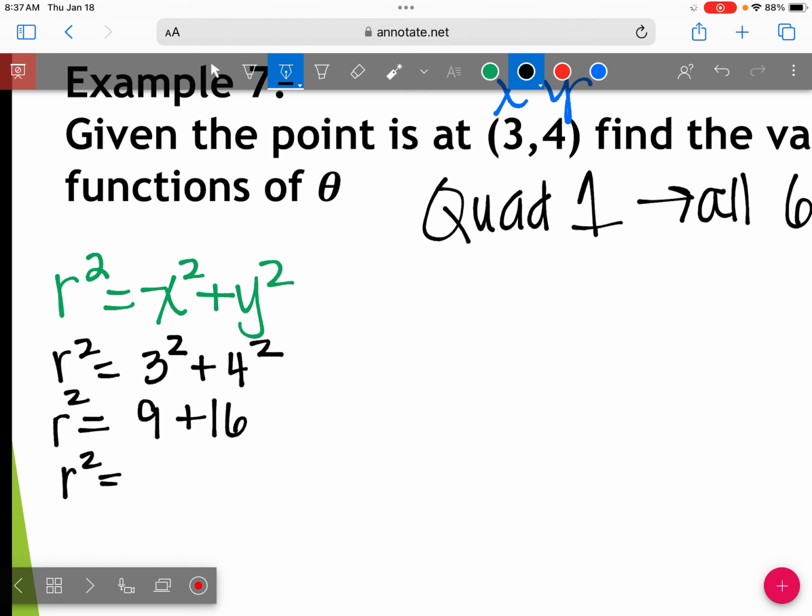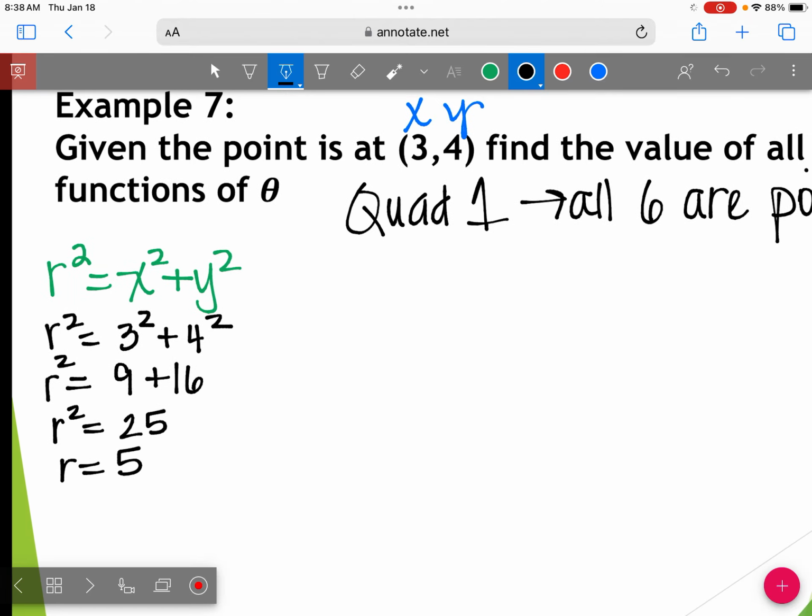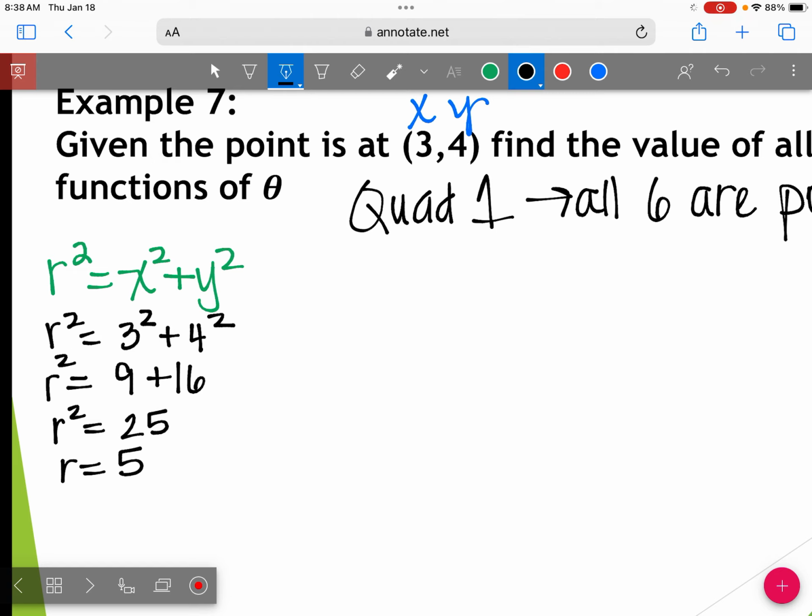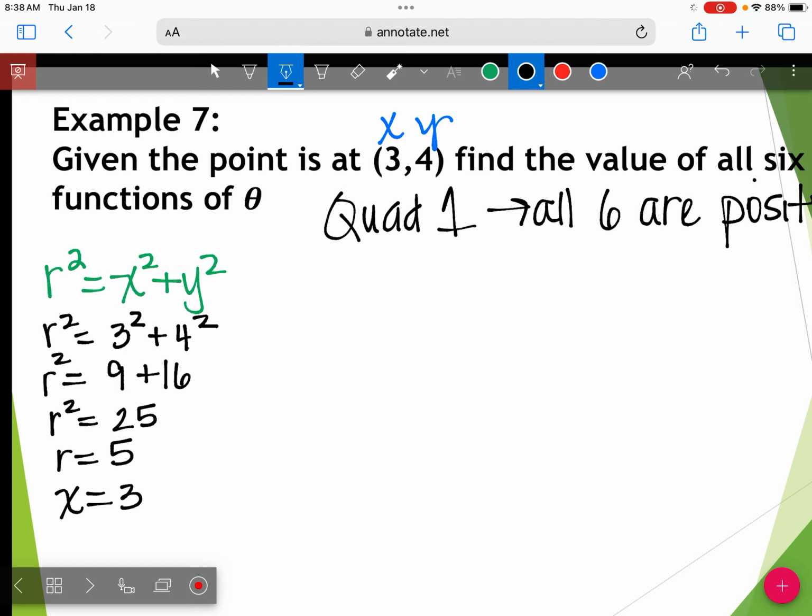And 9 plus 16 is 25. And what's the square root of 25? 5. So if you did not remember that, you can just work it out and still get the 5. So we know that the radius is 5. I know that x is 3, and I know that y is 4.